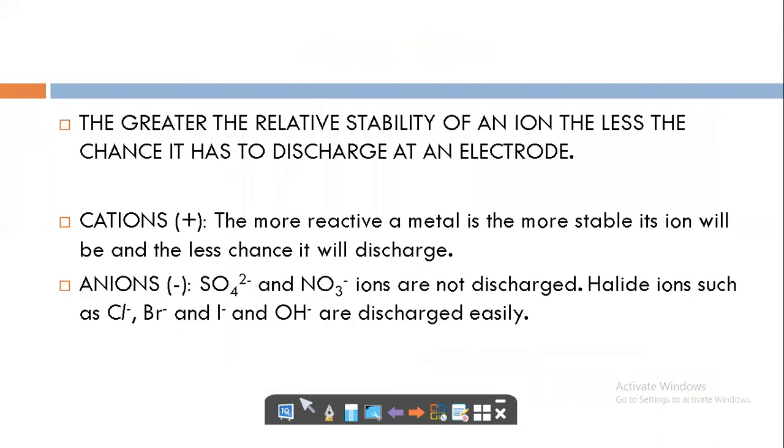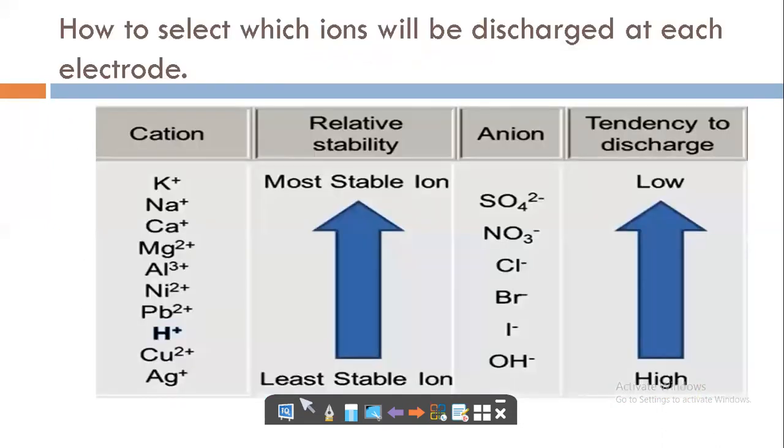Like I said earlier on, there are now 4 ions involved, 4 ions that you are going to choose from, 2 at each electrode. And this is how you are going to select the ion which will be discharged at each electrode.